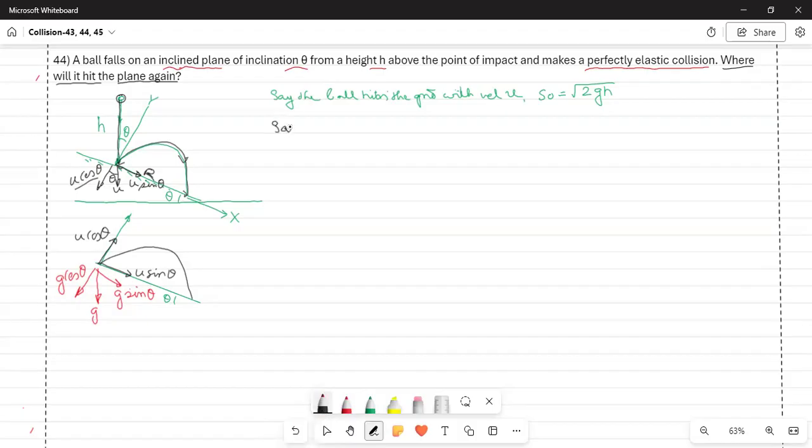So now let us start solving this. Say it takes time t to reach the maximum height, in the inclined xy axis.